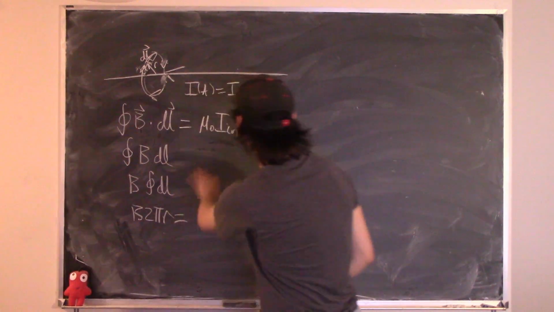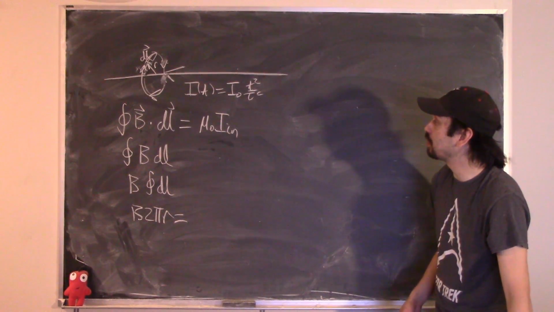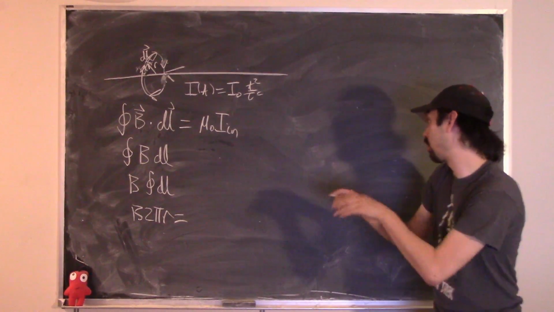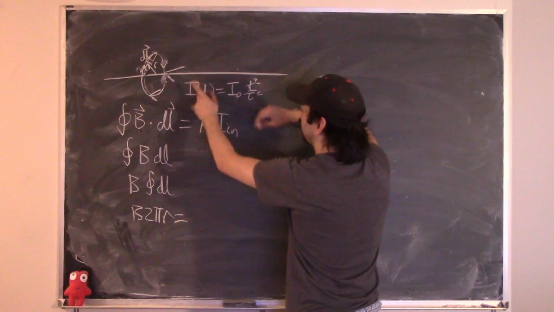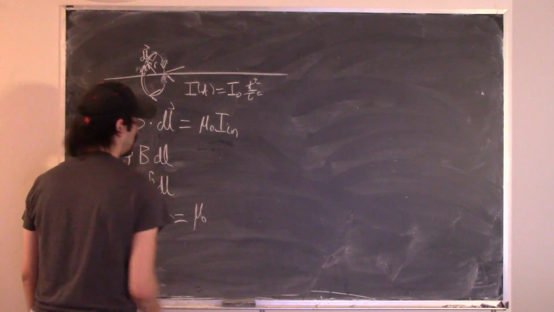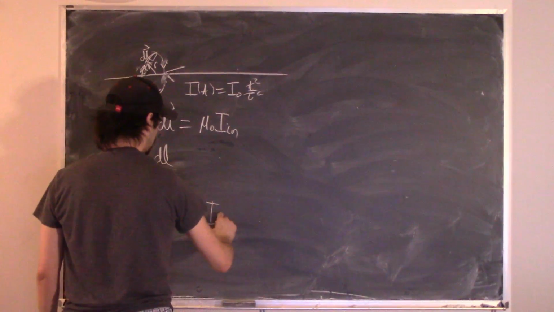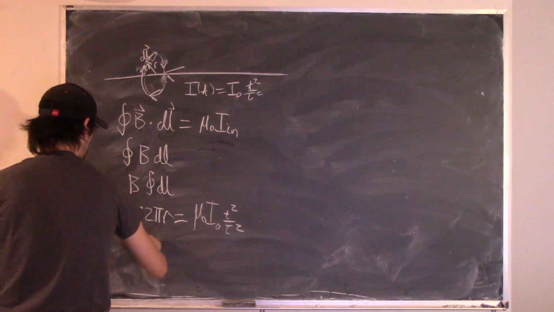Now, the last thing we need to do is evaluate what I enclosed is. In this case, it's pretty straightforward, because all of the current that goes through this loop is just the I of t that I give you here. So this is mu0 times I0 t squared divided by tau squared.